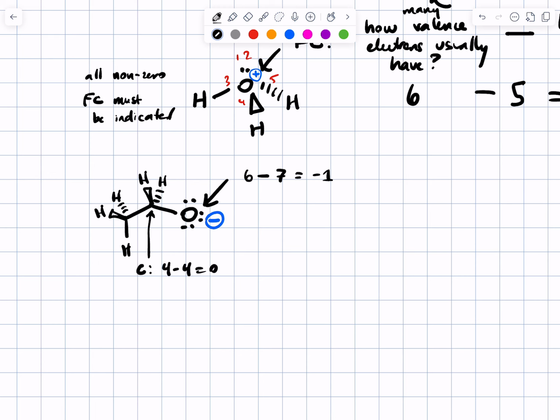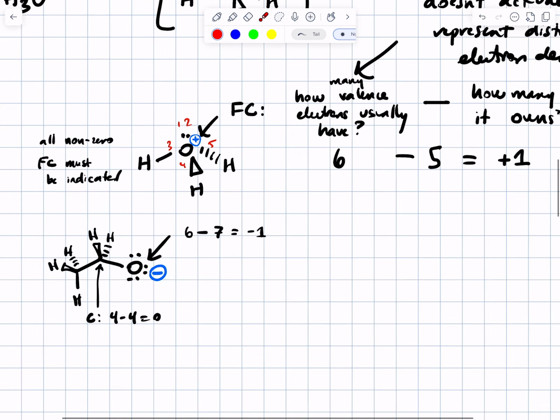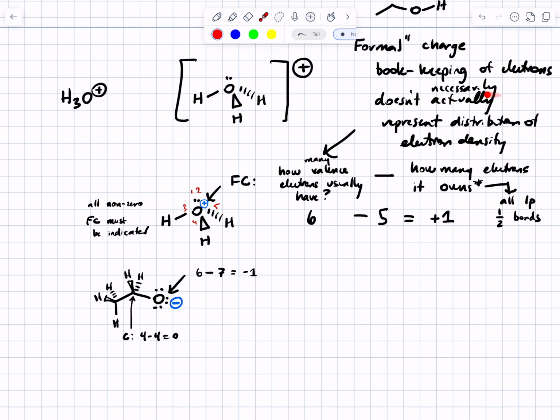Okay, 0 formal charge, no need to draw it. Now, I said earlier that formal charge is simply about electron bookkeeping. It lets you know that the molecule we've just drawn is negatively charged. I told you, though, that it doesn't necessarily represent the distribution of electron density. Sometimes it will, sometimes it won't, and you have to use other knowledge to figure that out.